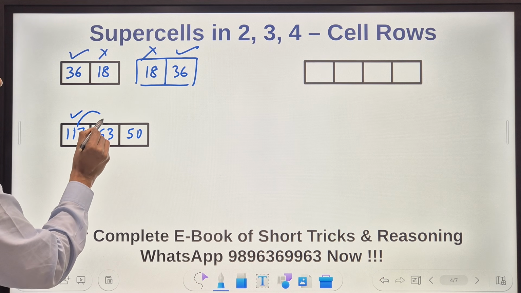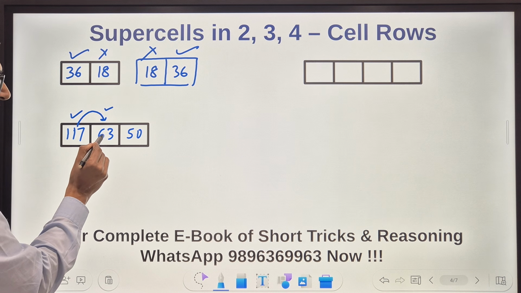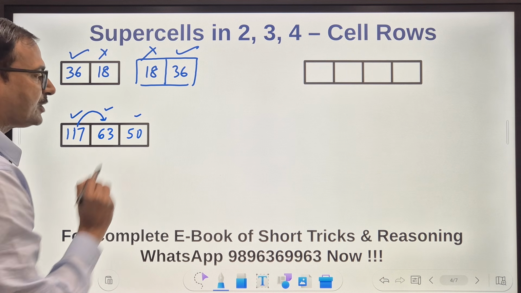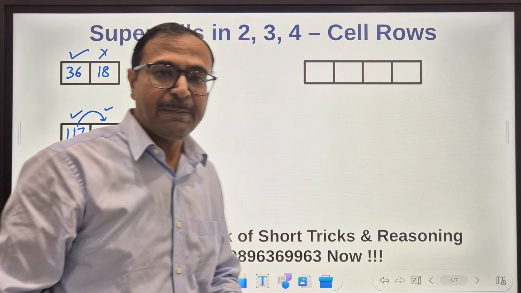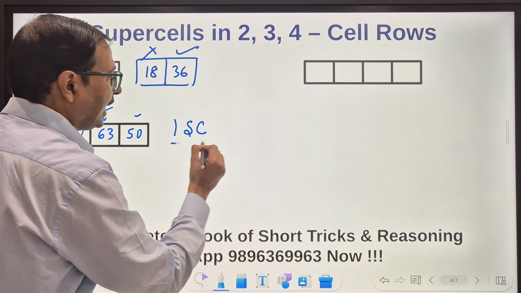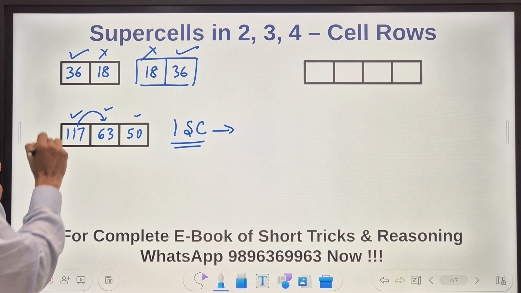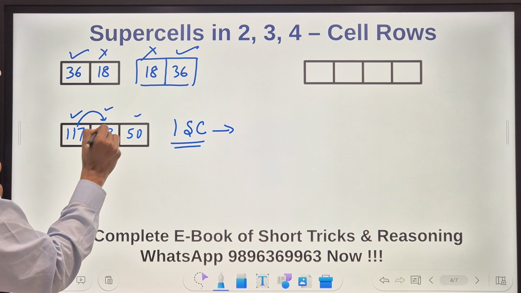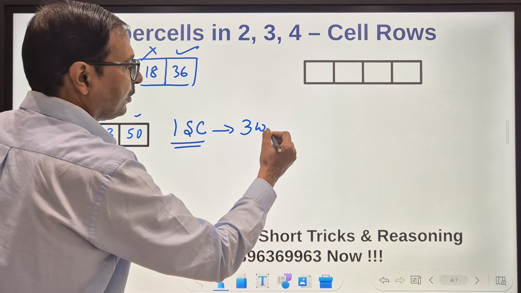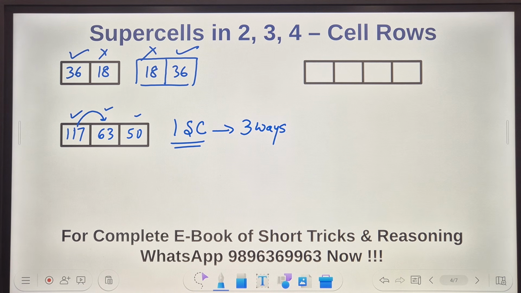Now this can be shifted here, exchange, then this will become the supercell because that will contain 117, and the same 117 can be shifted here also. So this will become the supercell. So there may be a case that there is only one supercell, and this can be done in 3 different ways because that particular supercell can be any one of these 3. So 3 different ways in which I can obtain a single supercell among a 3x1 grid.